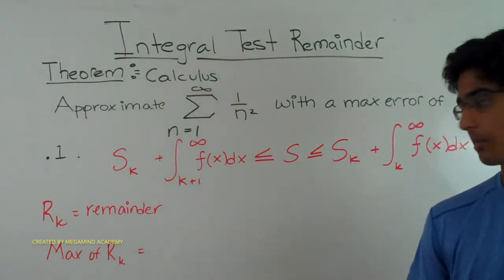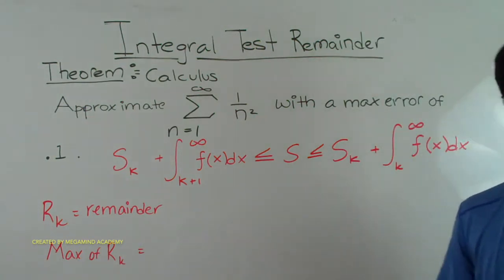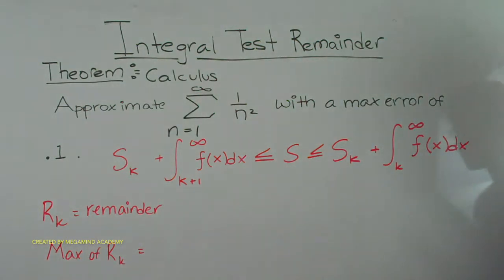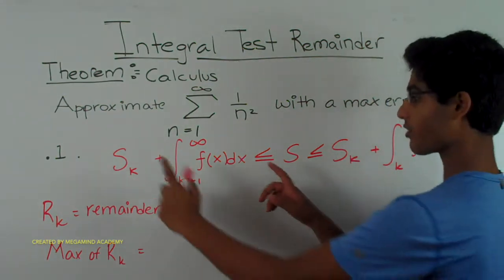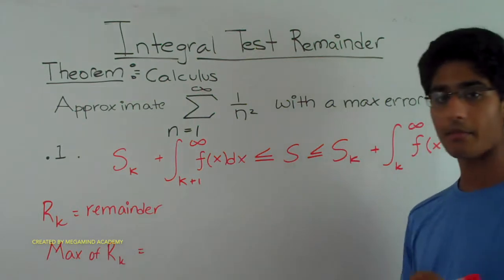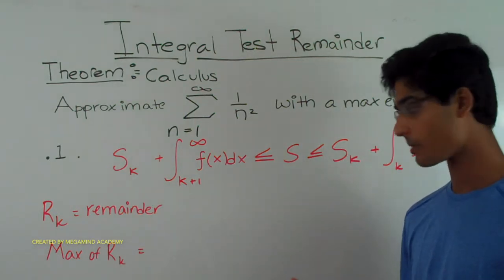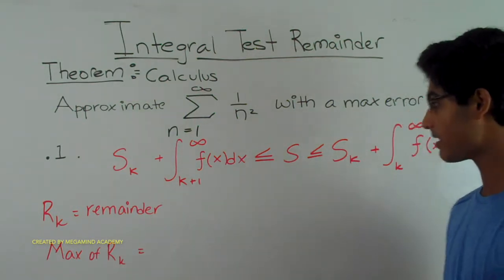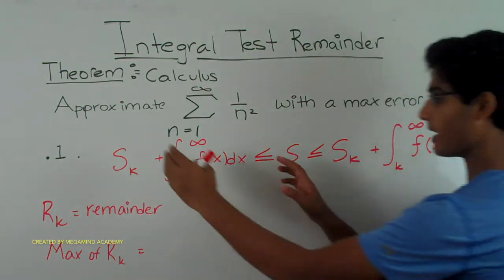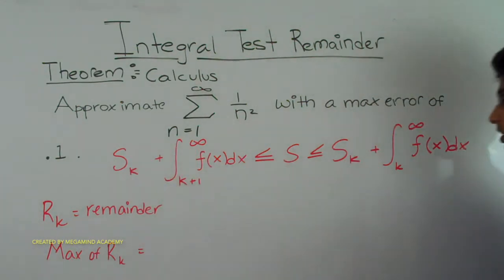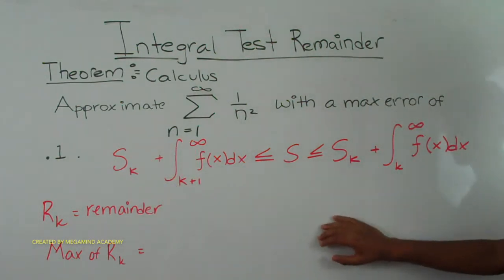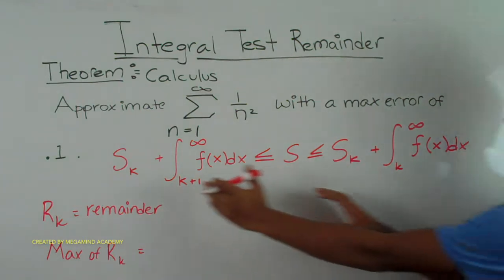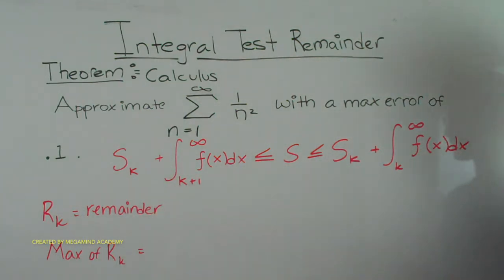So now let's figure out what the maximum of r sub k is. Because we know that the sum for sure is less than this, and greater than this, the maximum value r sub k can be is this value minus this value. So let's just do that in our heads. The s sub k's are going to cancel out.